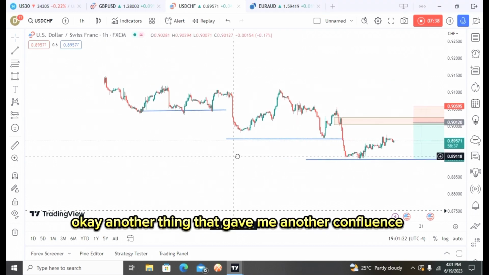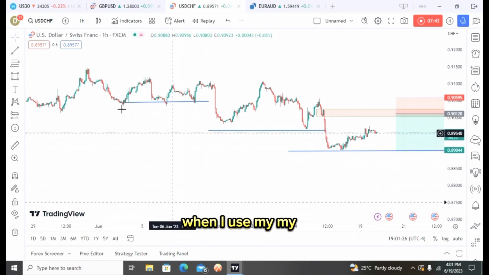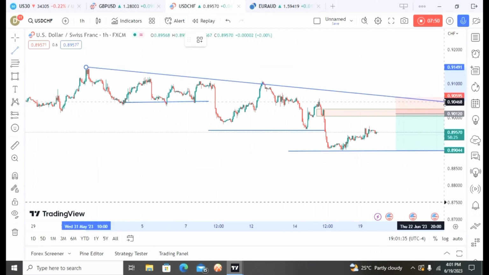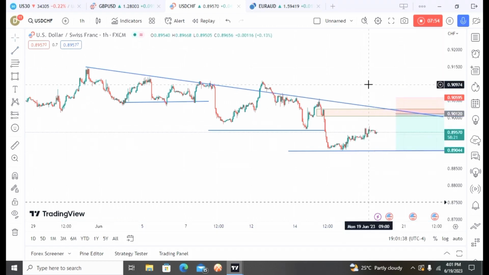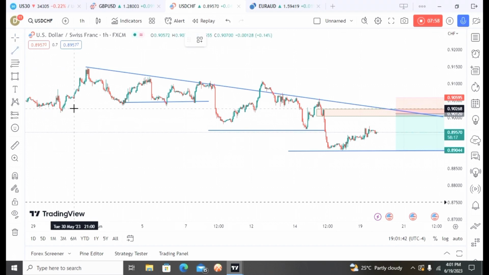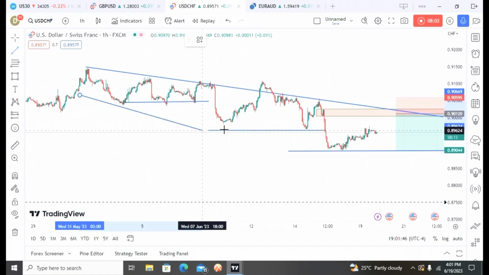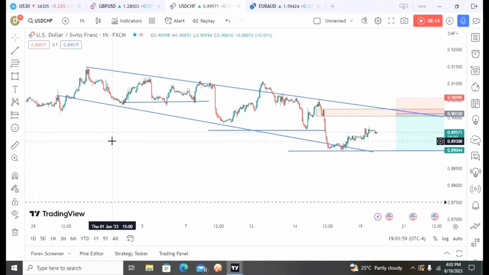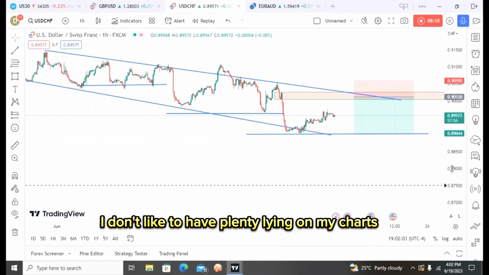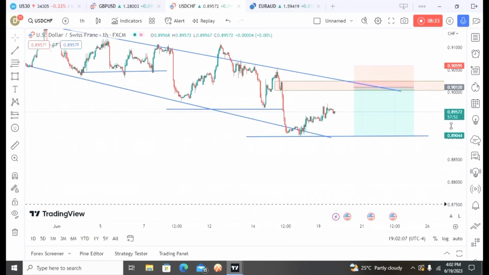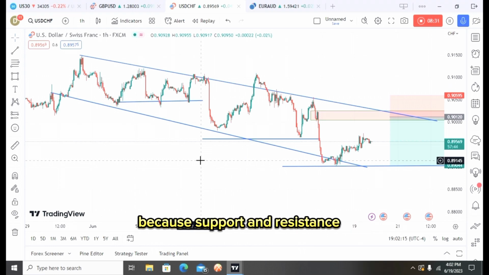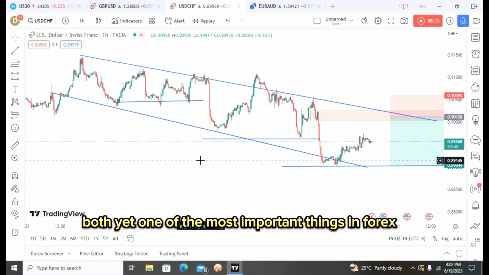Now let's go to another thing that gave me another confluence, a very strong evidence. When I use my trend line on the 1 hour time frame and draw it like this, I don't like to have plenty of lines on my chart, but this was another confluence that made me feel like this is actually going to sell, because support and resistance is one of the basic things in Forex, yet one of the most important things as well.